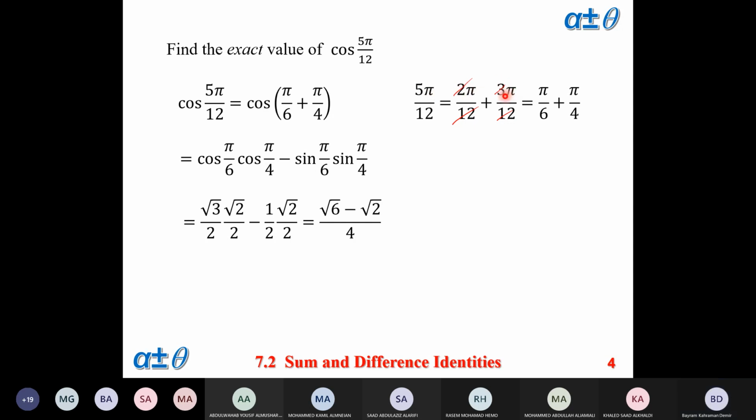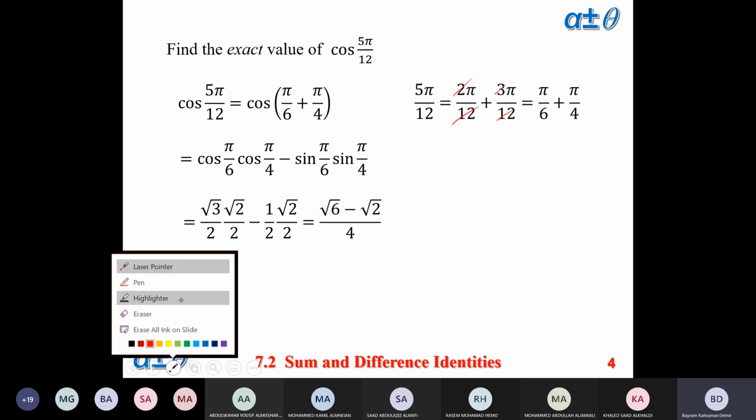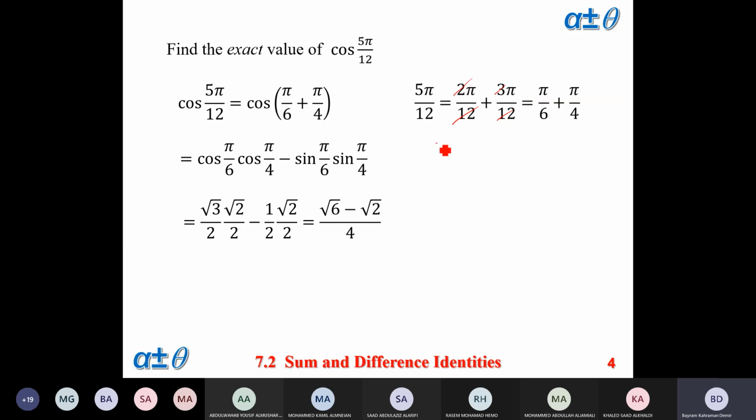Well, I'm sure you will ask maybe, I can write 5 pi as pi over 12 plus 4 pi over 12. Yes, pi plus 4 pi is 5 pi, yes.